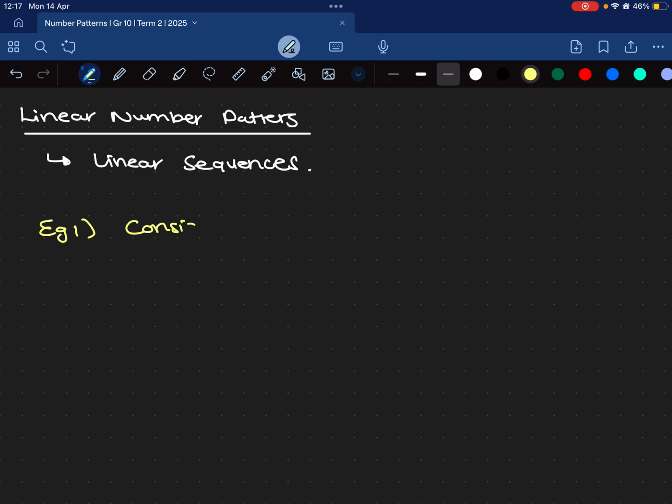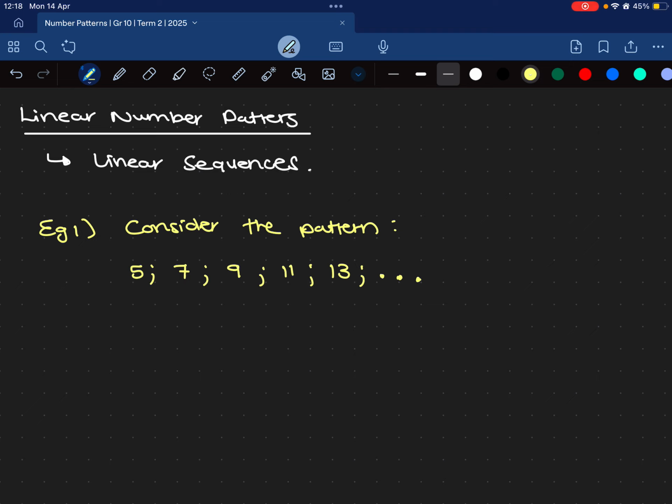So consider the number pattern 5, 7, 9, 11, 13, and it continues.